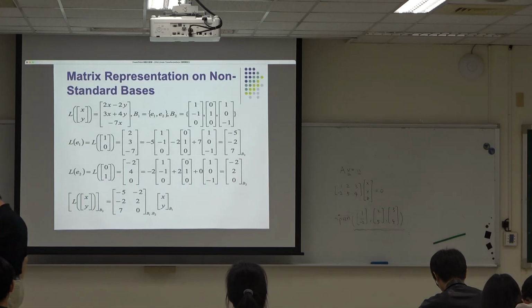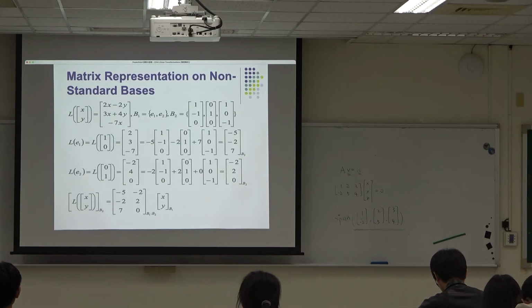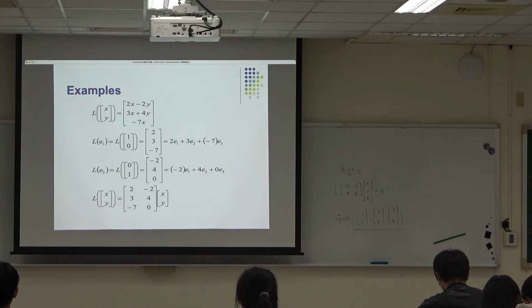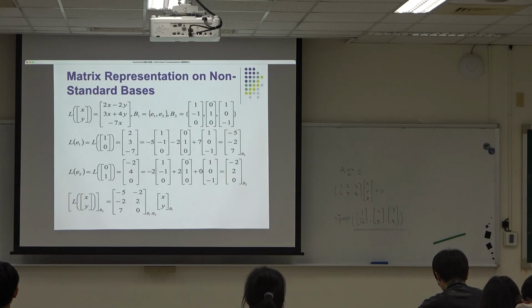One more thing. As I said, we could be using a different basis. Here we are talking about the same linear transformation, but for the two-dimensional vector space V, we use E1, E2. For W, we use B2, which is a little bit complicated, but it is a basis. You can verify this basis by yourself.